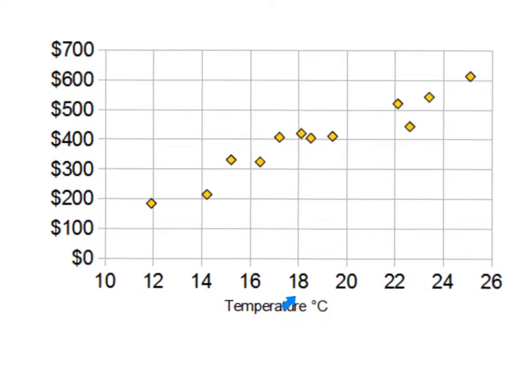Our x-axis represents the temperature in Celsius, and our y-axis represents the dollar amount of ice cream sales for the day. So each one of these points represents a day in which the temperature was recorded and the corresponding ice cream sales were recorded.